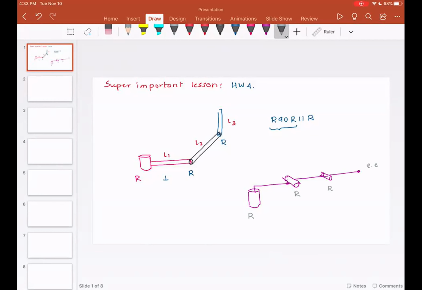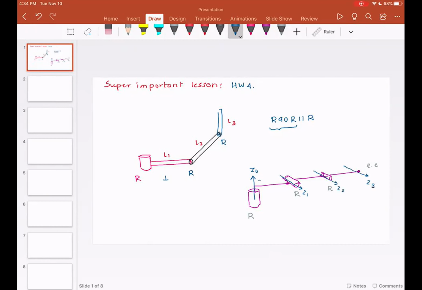Now I am pretty sure that you must be very comfortable by now in coming up with the coordinate systems. So if you want to set up the coordinate system, you will have Z0, then Z1, then Z2, and then Z3.